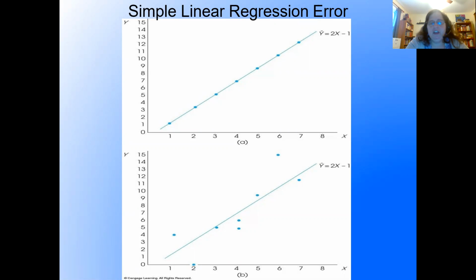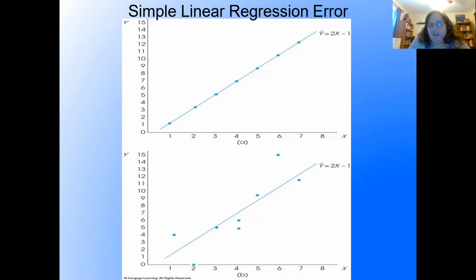Okay, but the point that I'm trying to raise is that notice how all of these points are on the line. Notice in this case how almost none of the points are really directly on the line. Yet it has the same prediction equation. So what this tells us a couple things. First of all, prediction equation is not enough. It's helpful, but it's not enough.